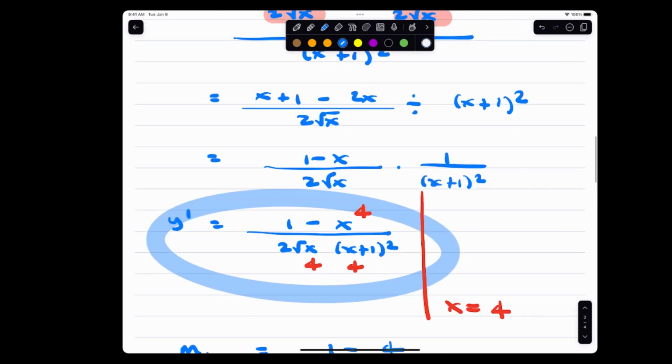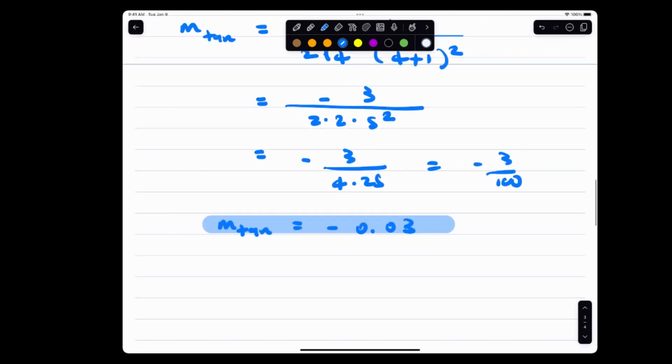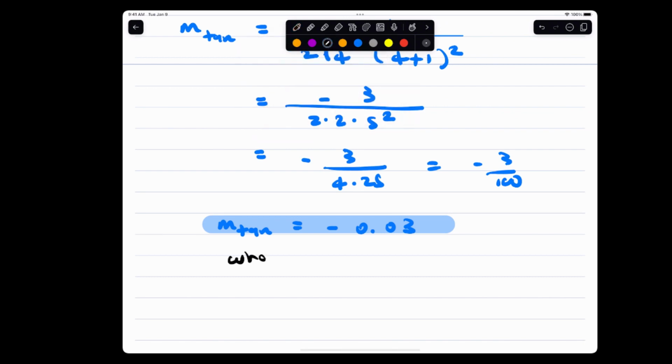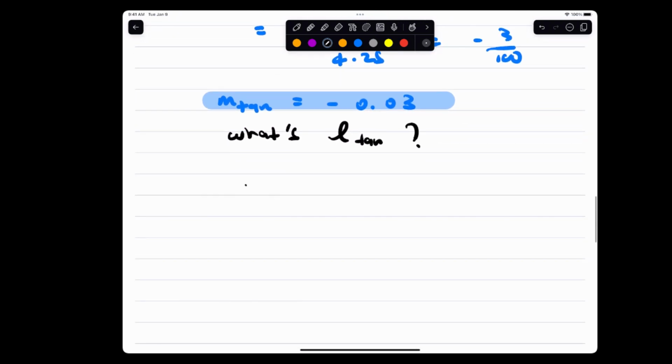But this is just the slope of the line tangent to the curve. That's m tangent. What's the equation? For that, you need y minus y1 is m tangent times x minus x1. This is beginning algebra, called the equation of the line, where this is your one and only point.